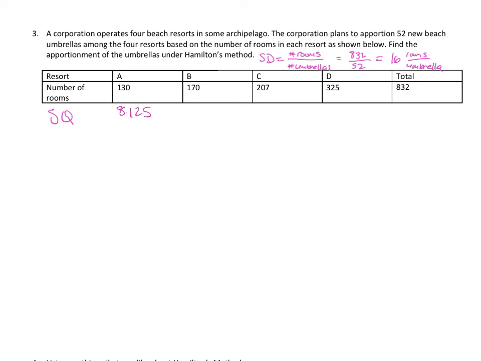We get 10.625, 12.9375, and 20.3125. We add those up and you should get 52 umbrellas.